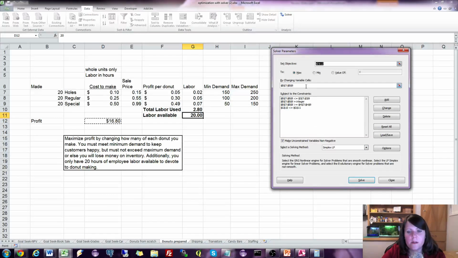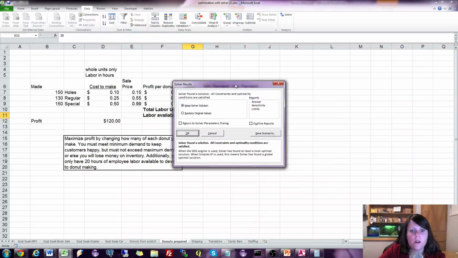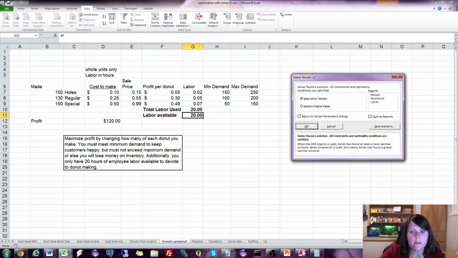It's better to be safe than sorry, but if it's something that's not countable in that sense, like gallons of gas, then you're not going to want an integer. But in the case of donuts or jewelry, burritos, things like that, you're not going to sell half a burrito. You need to make sure it's an integer. So it's Solve, and Solver has the results for me. Now, when you are doing this, there are just a few little items.